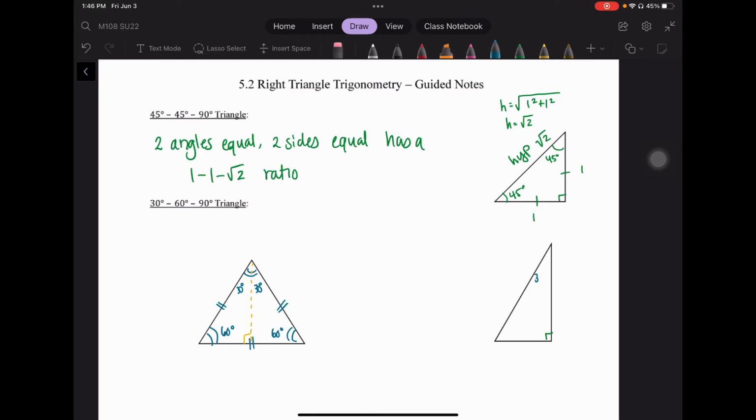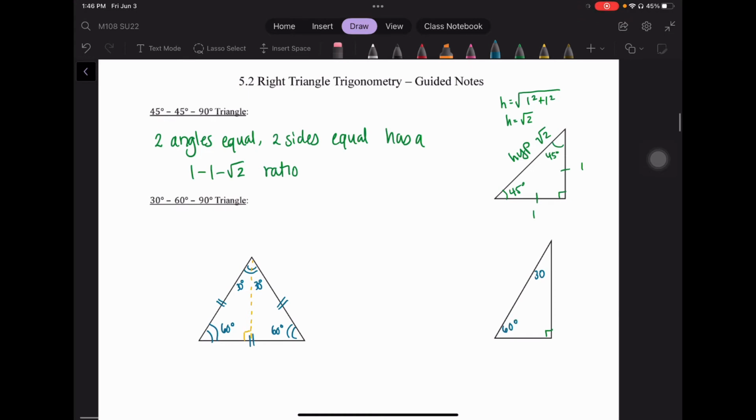Well, I'm going to draw that over here on the right. And let's use that same idea of calling the equilateral triangle. Let's say that each side length is 2. And so then that small portion would be 1.